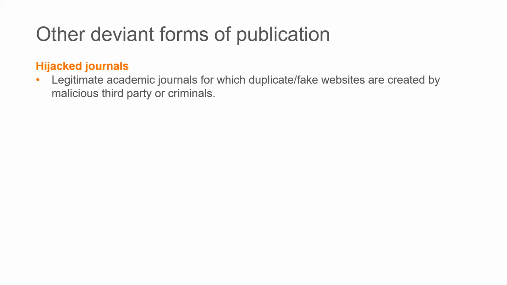So this is not even the end of the story. There are other deviant forms of publication. We also get hijacked journals. Hijacked journals are quite difficult because this is when a fake journal or a predatory journal creates a website and then attracts publications to their website that are meant for the original journal.